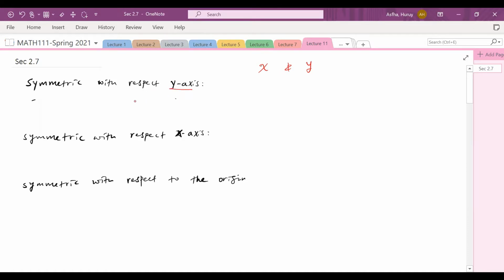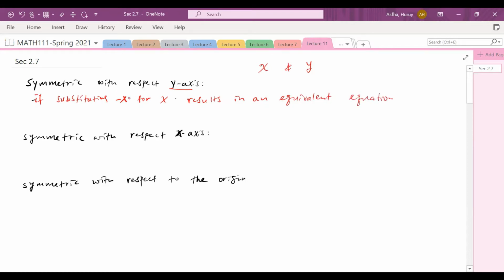we substitute negative x for x in the equation.